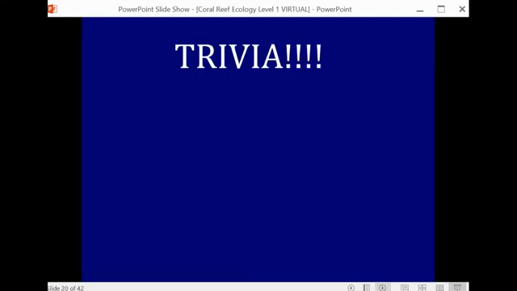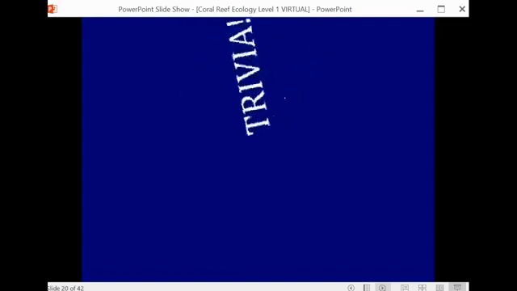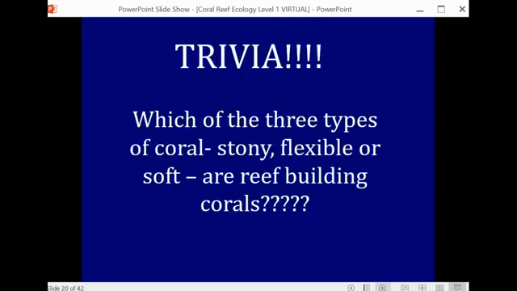All right, next trivia. Here we go. I want you to tell me which of the 3 types of coral, stony, flexible, or soft, are the reef-building corals. Remember, the reef, that's anything that's underwater, wave-resistant, provides structure. Okay?